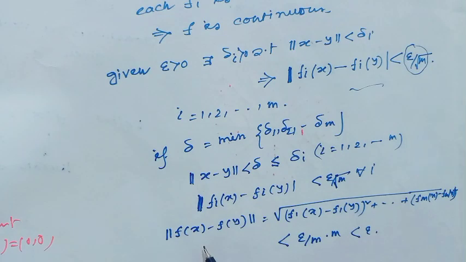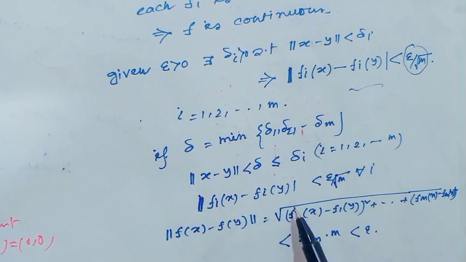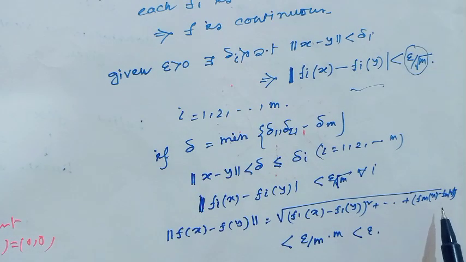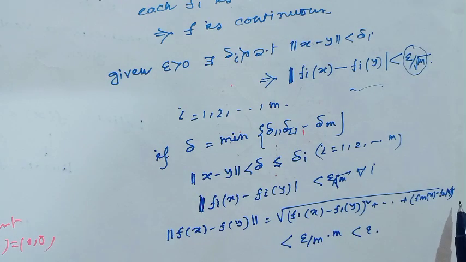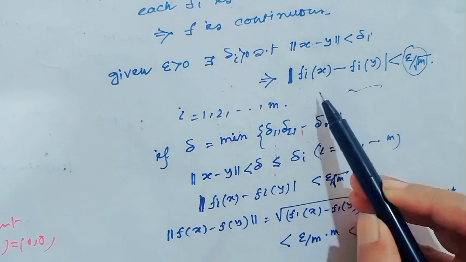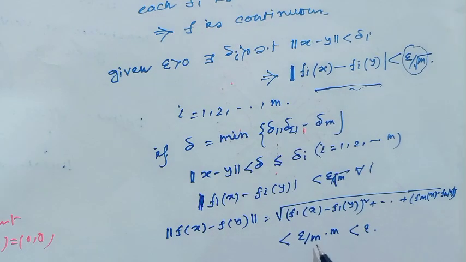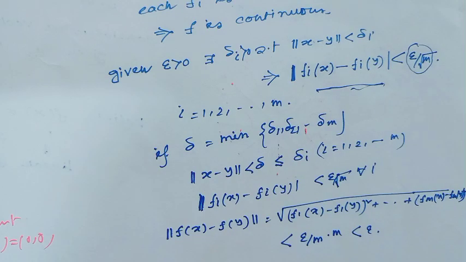Then norm of f(x) minus f(y) equals the square root of (f1(x) minus f1(y)) whole square up to (fm(x) minus fm(y)) whole square, and since each value is less than epsilon over square root of m, and here we have squares, this value is epsilon square over m times m, and this is less than epsilon.